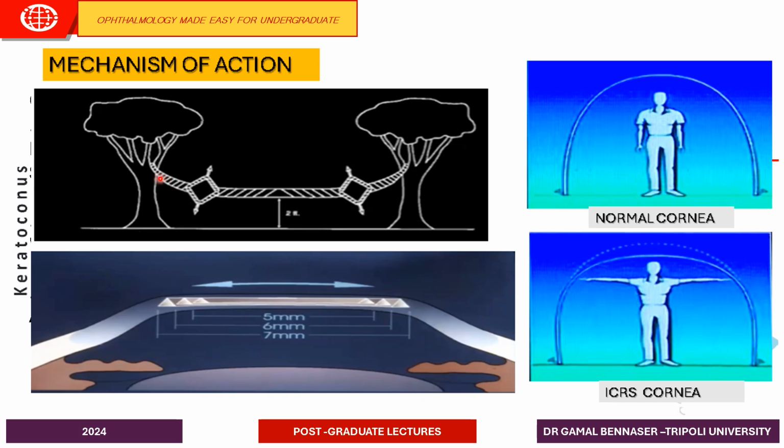Similarly, if you have a rope connecting these two trees, the rope will fall down and touch the ground, but when you put a spacer here, like the intracorneal rings, this will pull the rope above the ground. This is the flattening effect that happens due to implantation of the intracorneal rings. And this flattening effect is proportional to the spacer that you place, based on the thickness: the more thickness you place, the more flattening effect there will be.